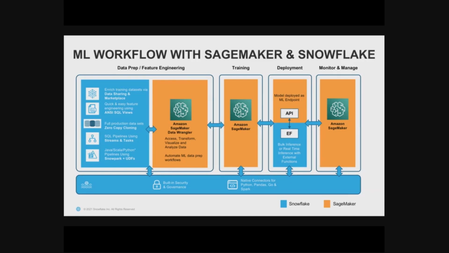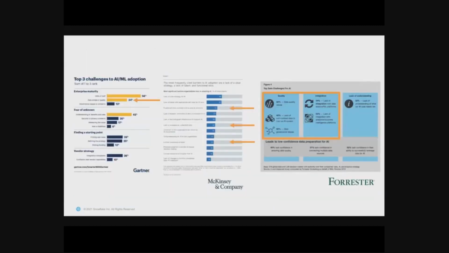So Data Wrangler is a fully managed service within SageMaker, and it's designed to enable you to build these ML data prep flows with low code. We've found this topic to be practical for many of our customers. We often hear from our customers about data challenges in machine learning and how they encumber them in their AI implementations.